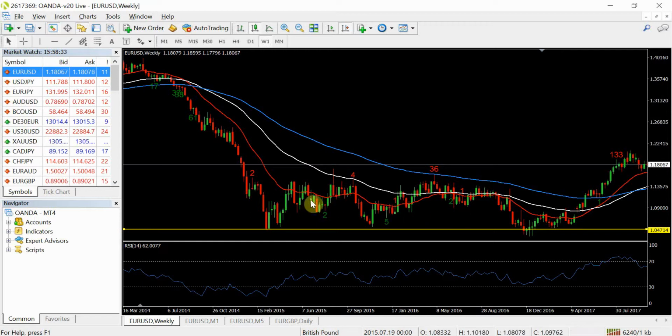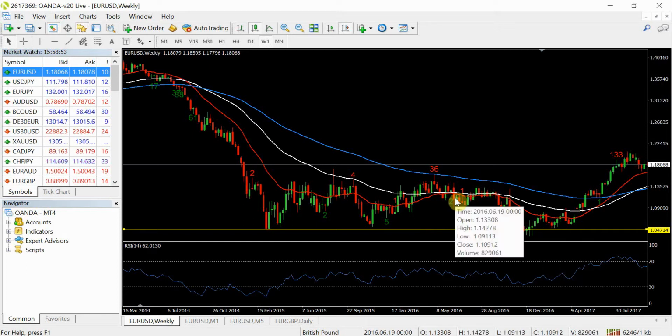To determine the trend, you've got slow, medium, fast. You can see here it gets all tangled up, but a clear direction of the trend staying intact means you've got the short, medium and long-term moving averages still in the right order. So that is point 2.